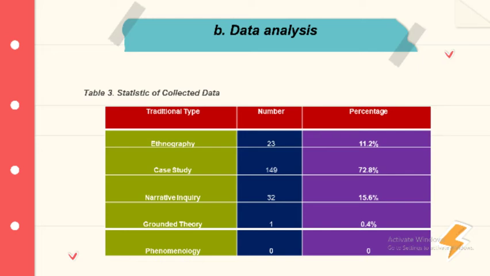First, there is no article about phenomenology in the study, and the main reason is that phenomenology is not a very convenient method, especially for TEFL researchers to do their study on research.